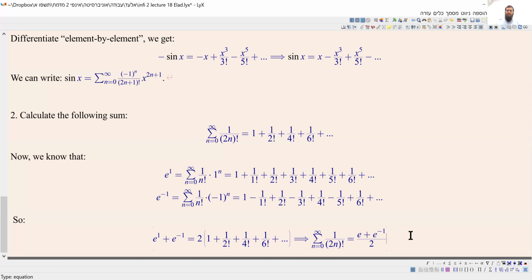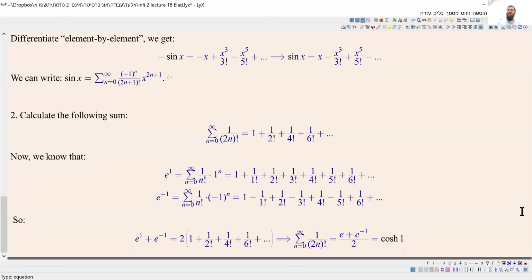Are you familiar with the hyperbolic functions? It's cosh, we call it. It's cosh 1. One can just speak about cosh x, which would be this sum with x to the power of n. But it's not important. We don't need to discuss these functions here, and we are totally fine.